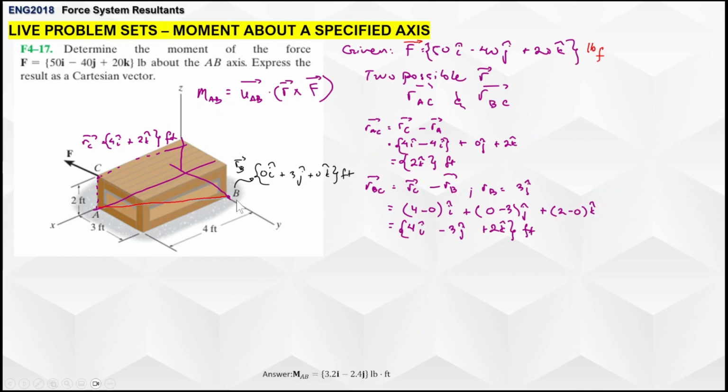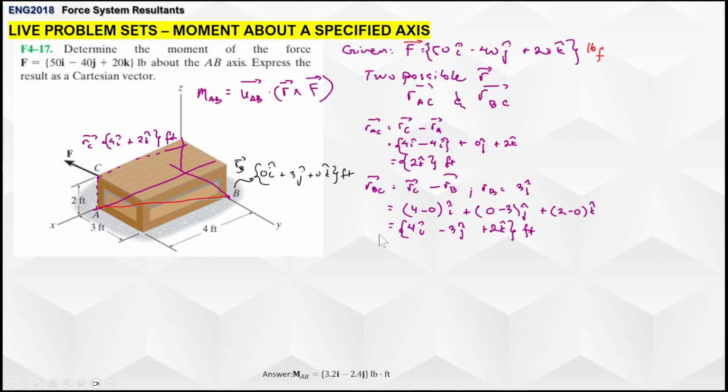Since point B doesn't have an x and z coordinate, 0 i hat and then 0 k hat, which will yield you RBC as 4 i hat minus 3j hat plus 2k hat.